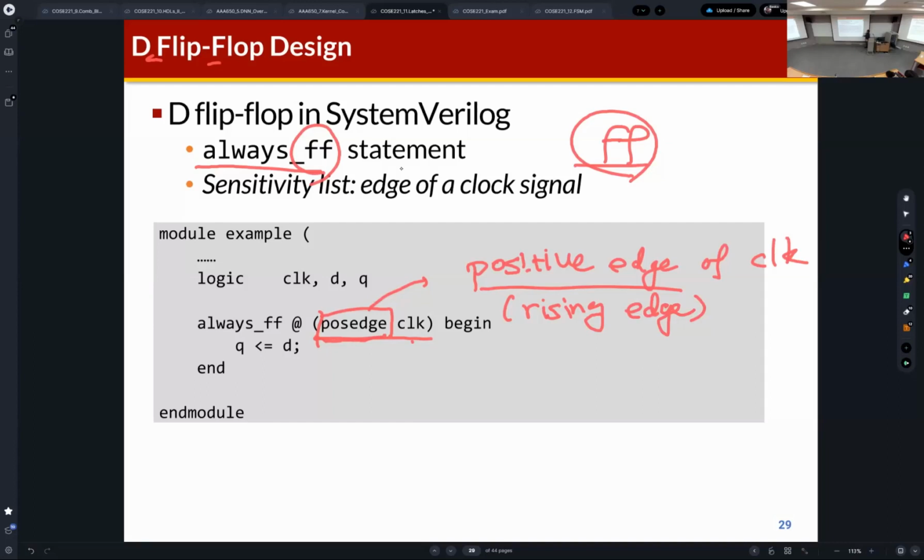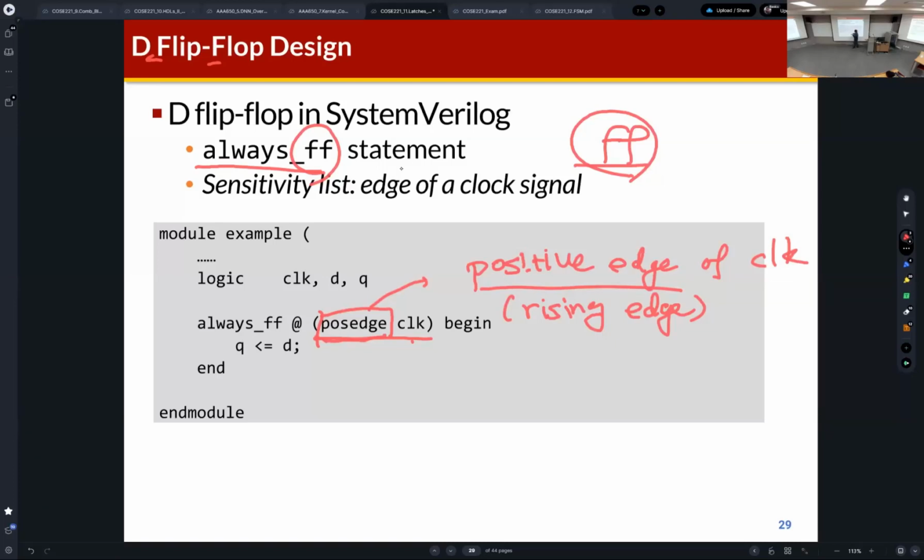So inside the sensitivity list, we can find posedge clock, which means the rising edge of clock. In an always statement, if the condition in the sensitivity list is met, then the inside of the always statement is executed.